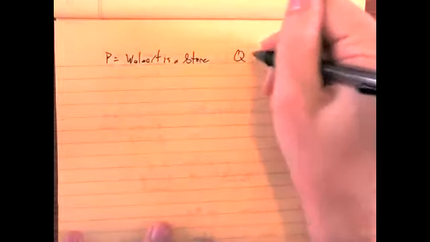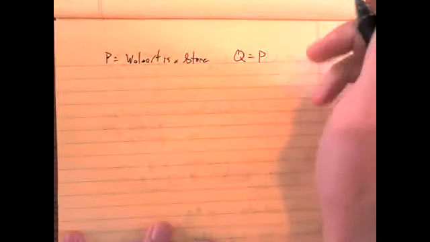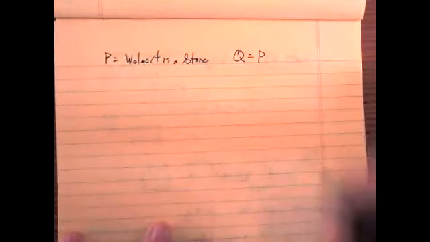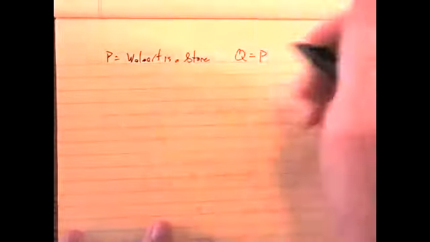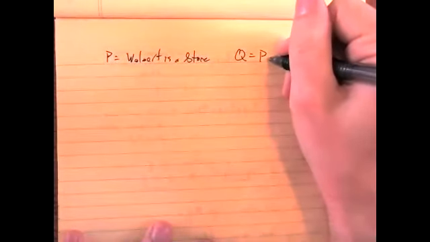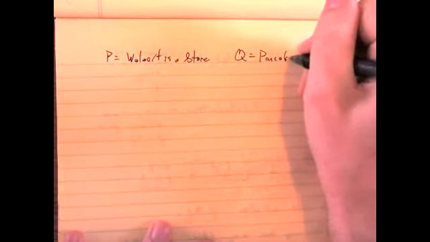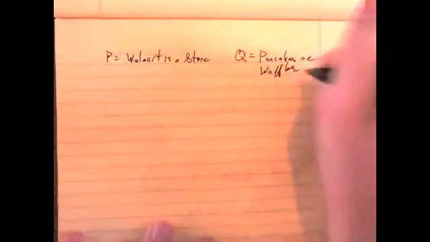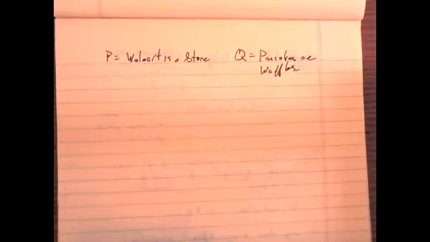And I'll take the next one. Pancakes are waffles. These are phenomenal propositions, by the way, everyone. I'm really happy with these. I simply don't have the creativity to come up with the required amount of propositions.